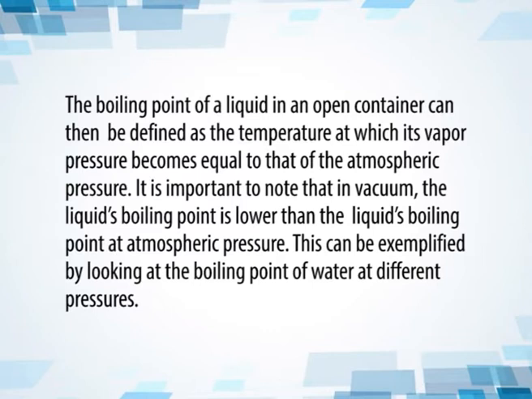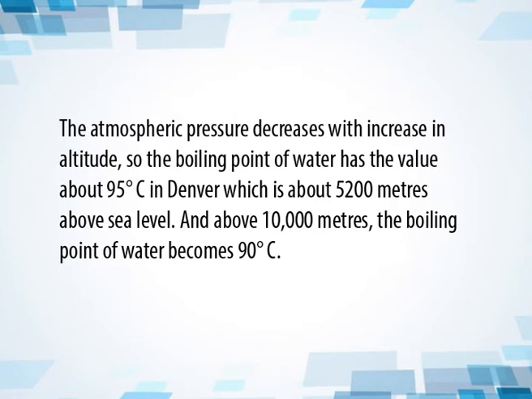It is important to note that in vacuum, the liquid's boiling point is lower than the liquid's boiling point at atmospheric pressure. This can be exemplified by looking at the boiling point of water at different pressures. We know that the atmospheric pressure decreases with increase in altitude. So, the boiling point of water has a value of about 95 degrees Celsius in Denver, which is about 5200 meters above sea level.